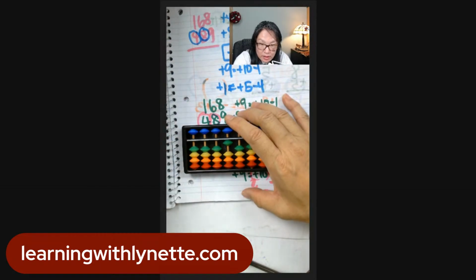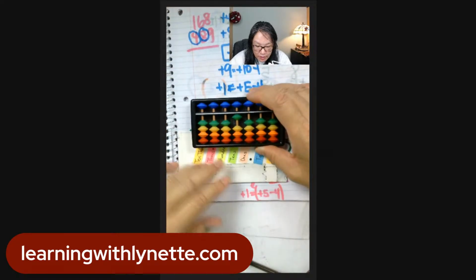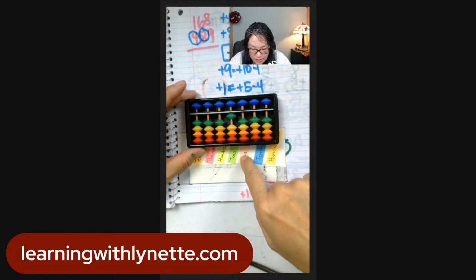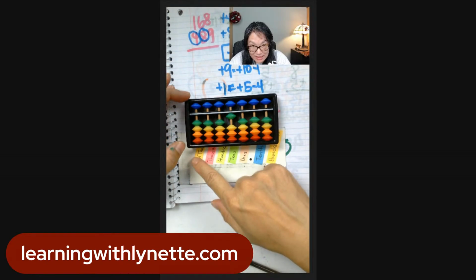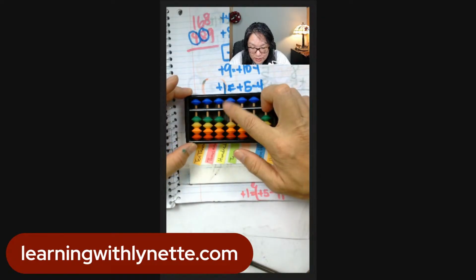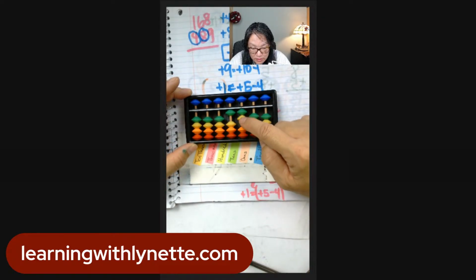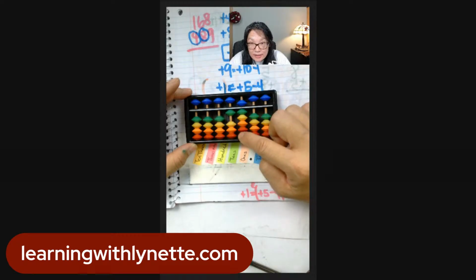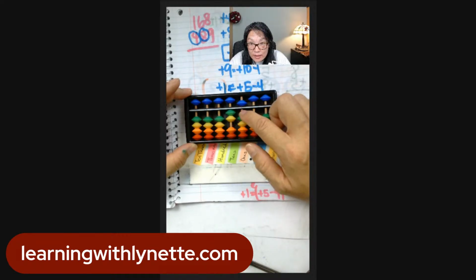So that's when we start talking about our place values. We have our ones, tens, hundreds, thousands, 10,000. And we have 10, 11, 12, 13, 14, and then 15. Then we have 16, 17, 18, 19. And then after 19, we have 20.